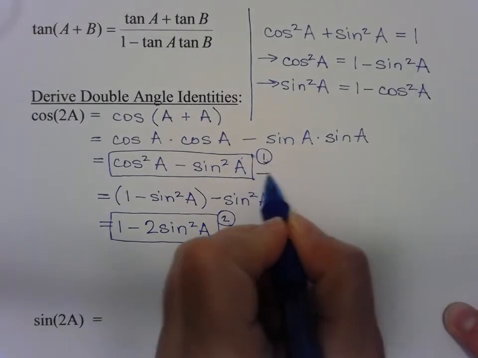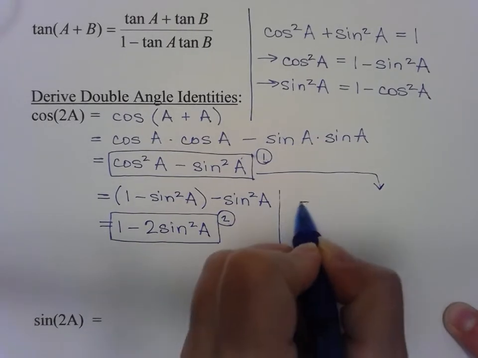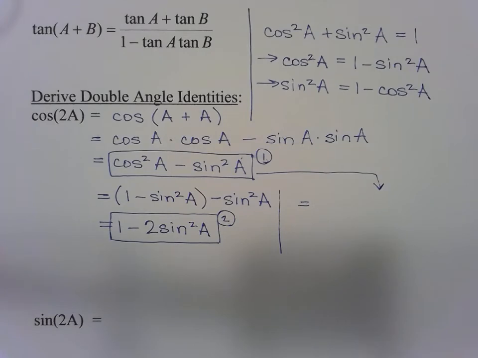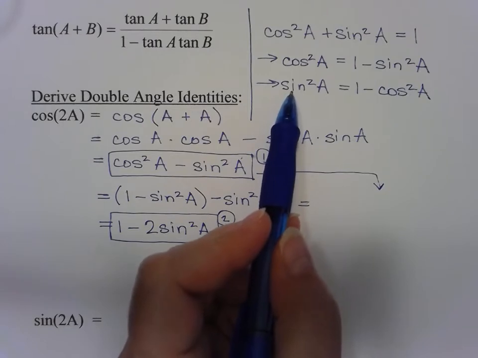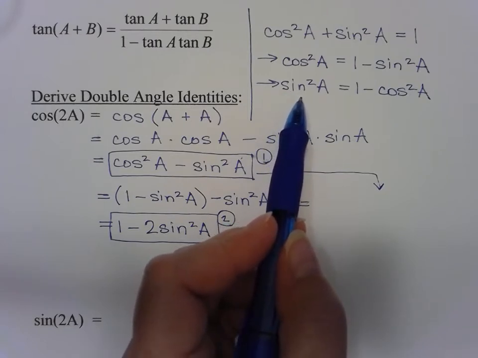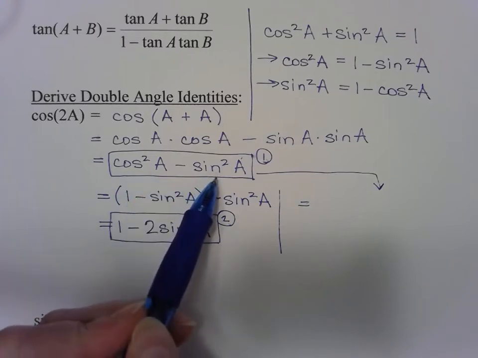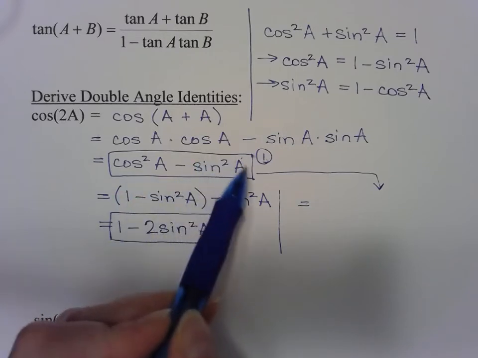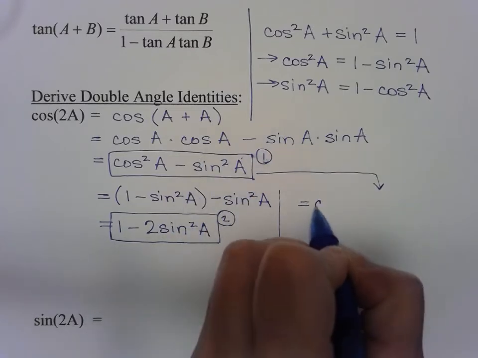Okay, the third version, I'm going to start here again. Hopefully this makes sense. I can do this same process, but now instead of replacing the cosine, I could also replace the sine. So I'm still using this as my jumping off point. Now instead of the sine squared, I'm going to replace that with 1 minus cosine squared.